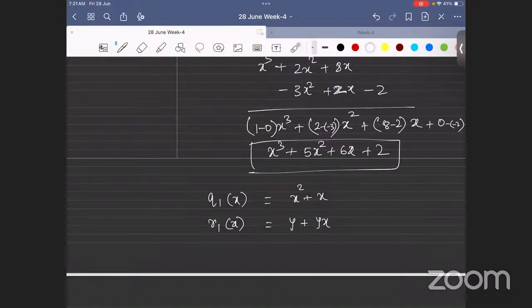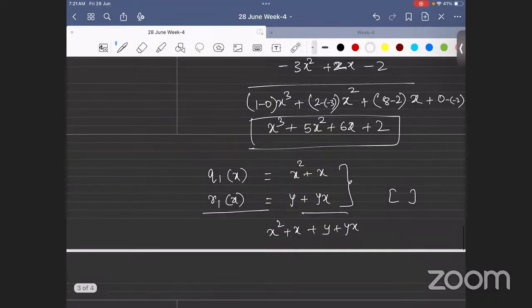Like you can add it, but you'll have to write it individually. The summation of these two will be x square plus x plus yx. So basically, wherever the variable is same and the degree is same, then only you can add the coefficients.